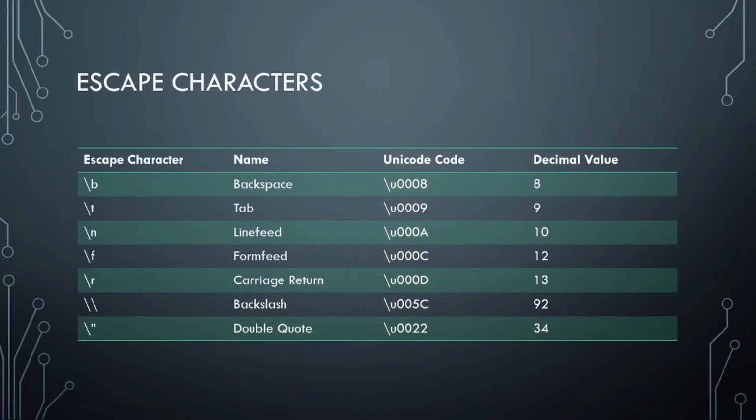Escape characters are basically characters that you can use in your print statements, or really to give your variables better meaning, or include things that you normally couldn't do. In this case, if you want to add quotations, you would have to use the double quote escape character.